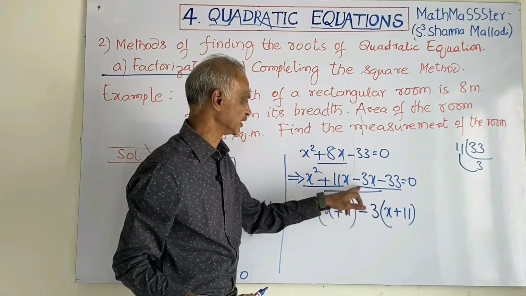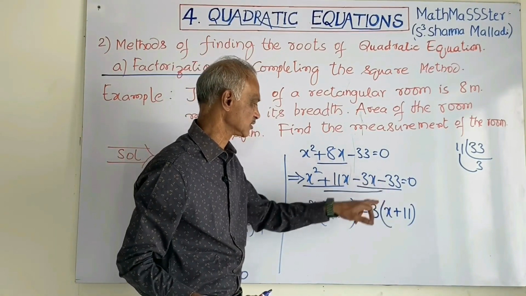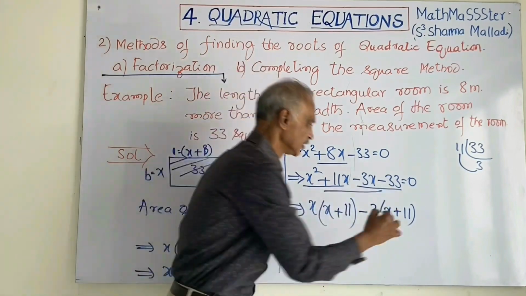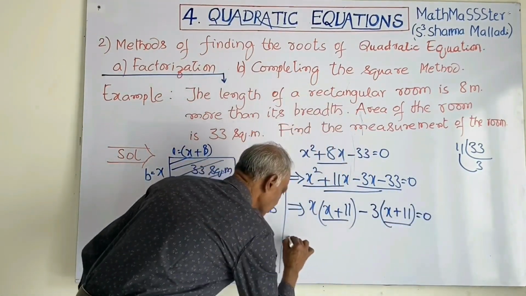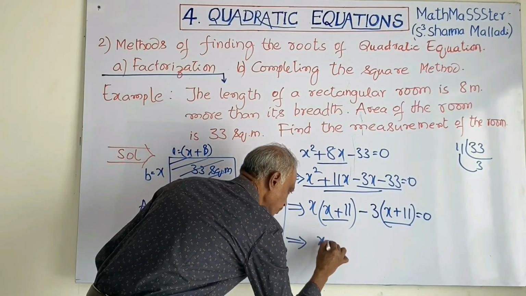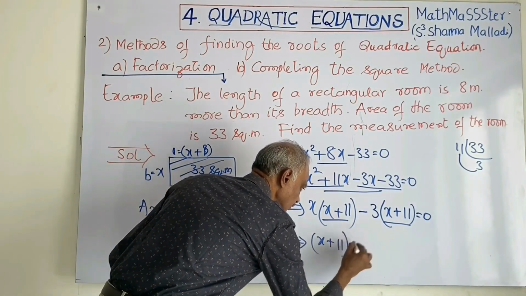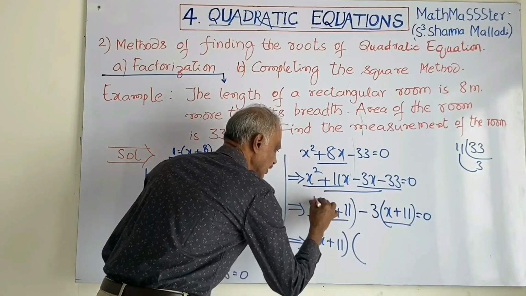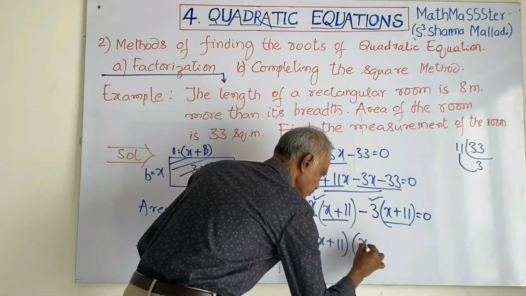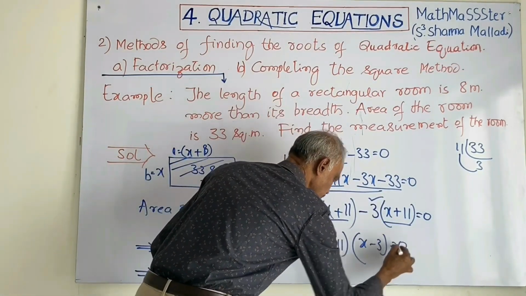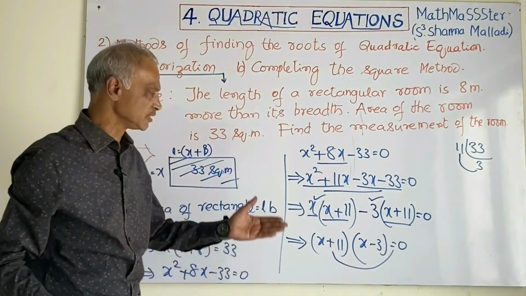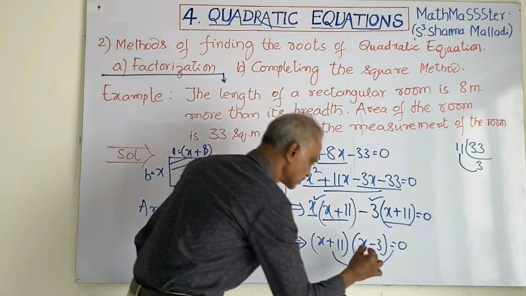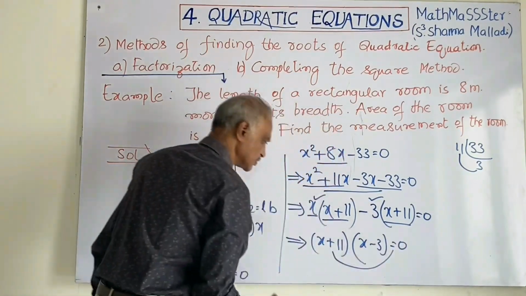Minus 3 into x, minus 3x, minus into plus, minus 3 into 11, minus 33 is equal to 0. What is the common here? x plus 11 is the common and you will have x and minus 3. x plus 11 into x minus 3 is equal to 0. See, x plus 11 is equal to 0 and x minus 3 is also equal to 0.